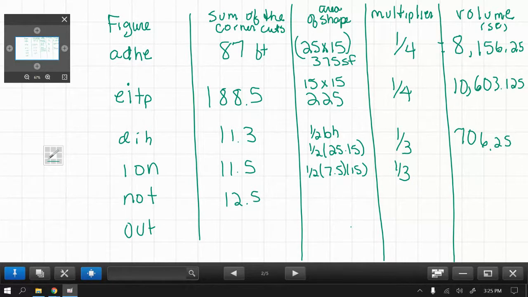12.5. I'm going to double check my numbers. And then out. The last one is the bigger one, which is 3.9, 4.4, and 5.4. Let me double check them.